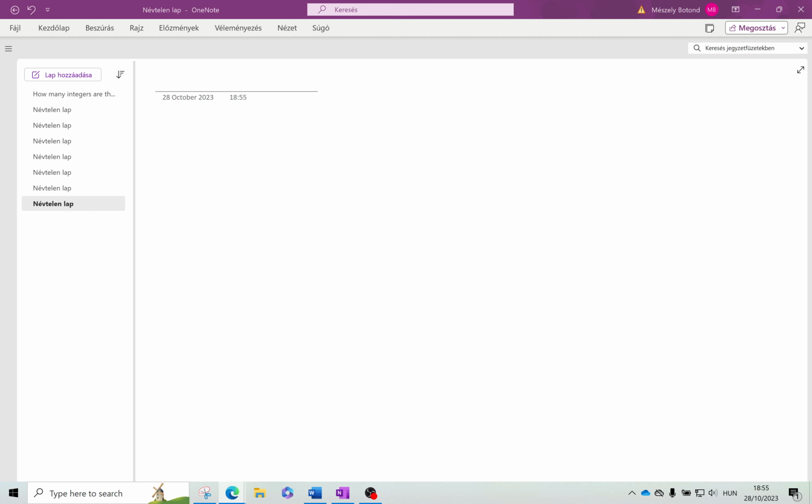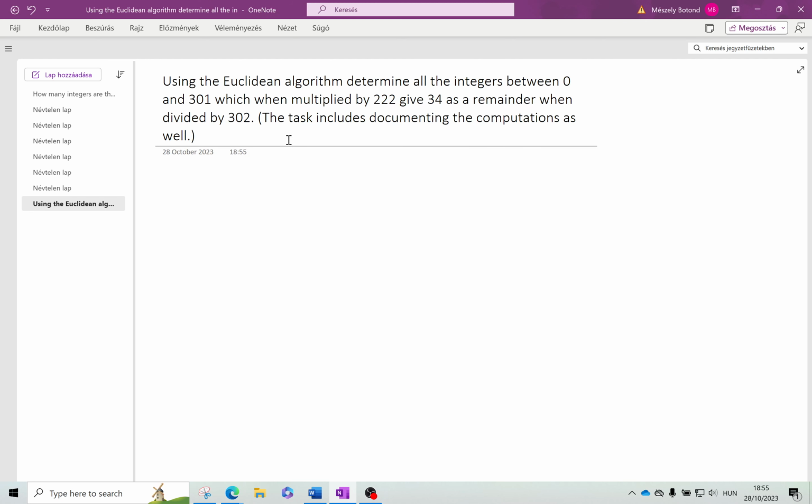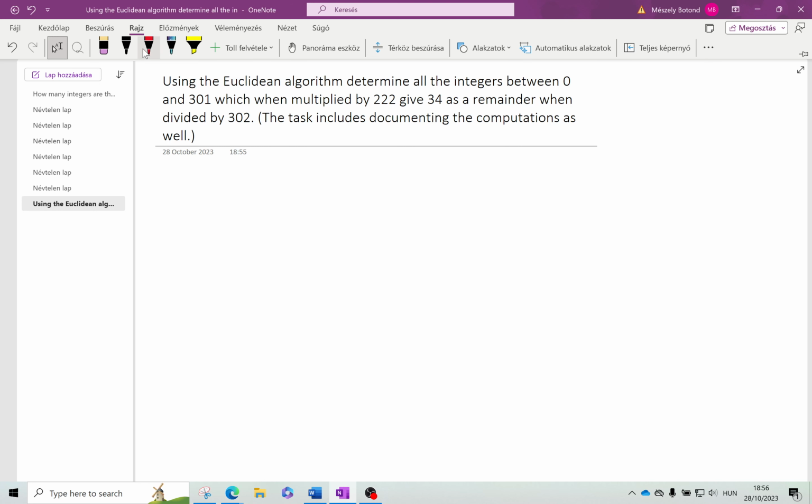problem that I wrote down. So using the Euclidean algorithm, determine all the integers between 0 and 301, which when multiplied by 222 give 34 as a remainder when divided by 302.